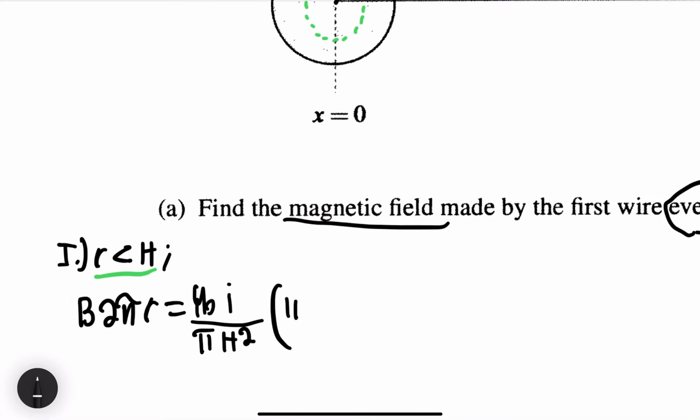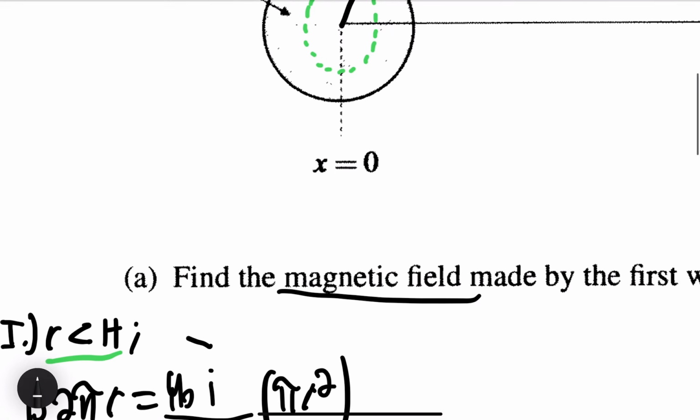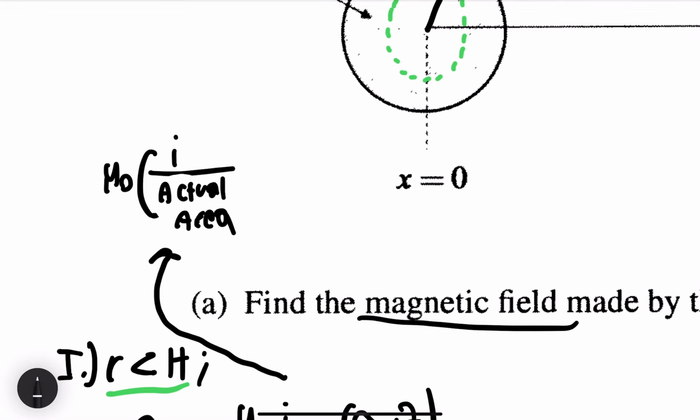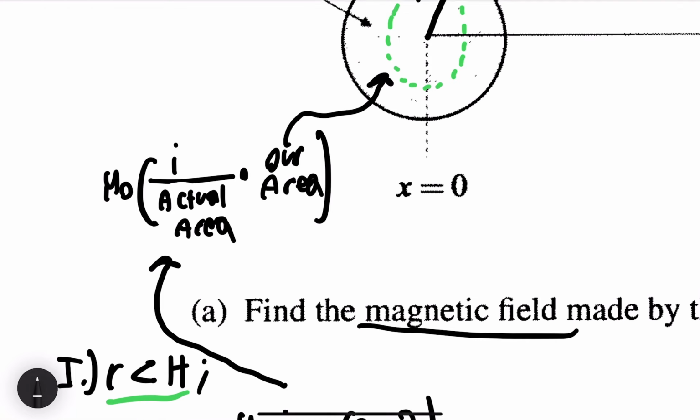So that'll be pi r squared, right? So it's like Gauss's law pretty much when we had charge uniformly spread. So this is mu naught times current over actual area, which is the total area of the wire, times our area, where our area is the area by the loop we created.